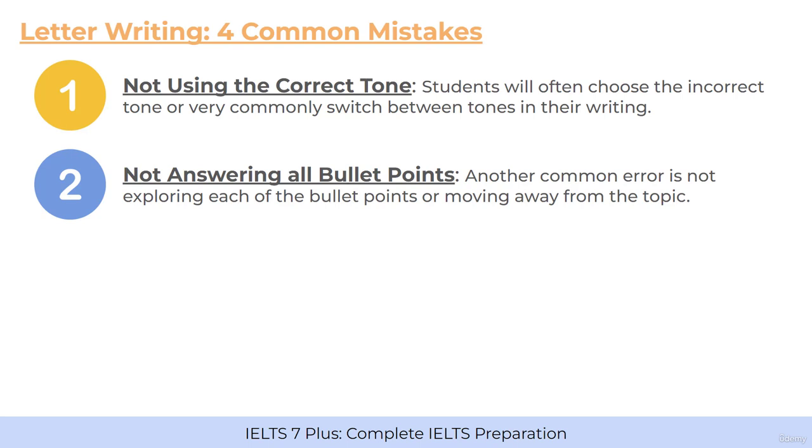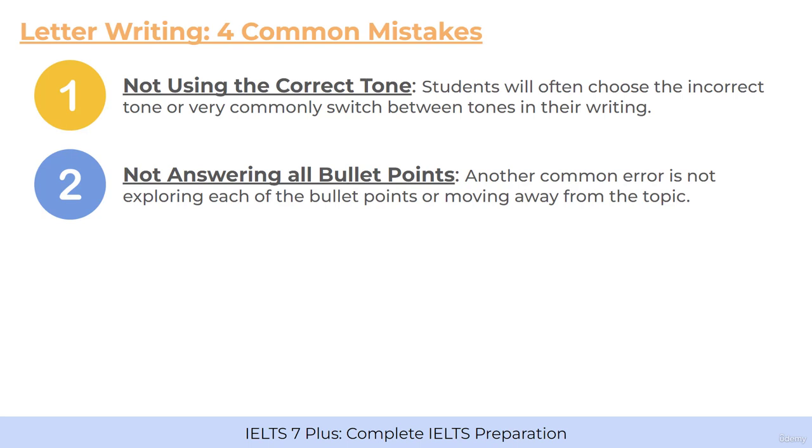Or sometimes students will slightly move away from the actual bullet point, just like a small error. It's not quite what the bullet point was saying. So that's all about interpreting and making sure you've read the question carefully. But also commonly just moving away from the topic.